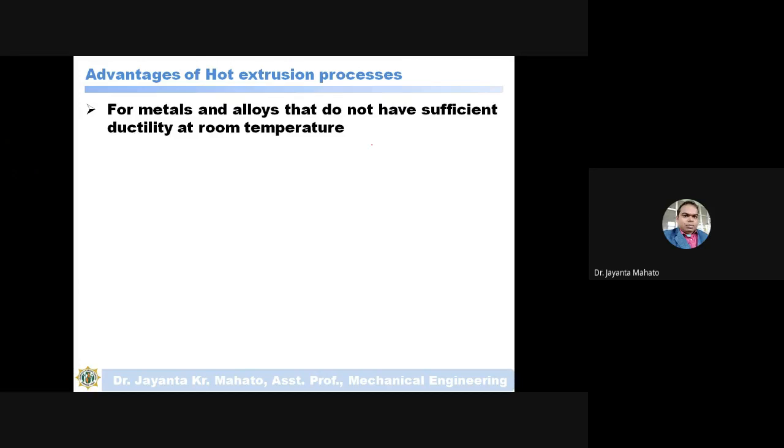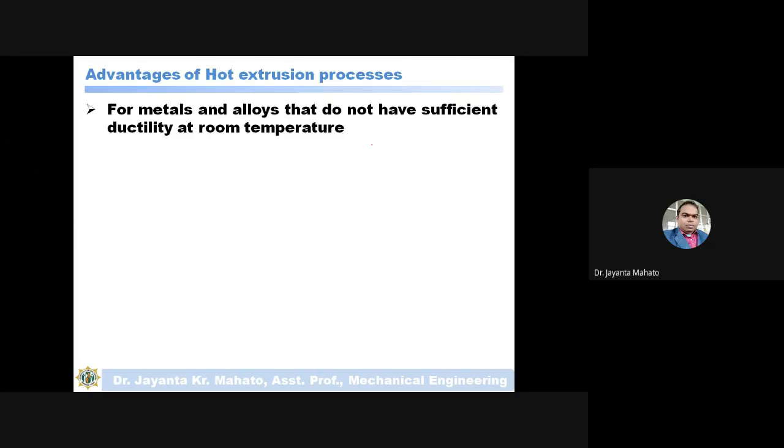Okay. So the advantage of the extrusion process: metals and alloys that do not have sufficient ductility at room temperature can be extruded by this hot extrusion process. Like aluminum. Aluminum is a very ductile material, so aluminum can be extruded at room temperature by applying sufficient force.